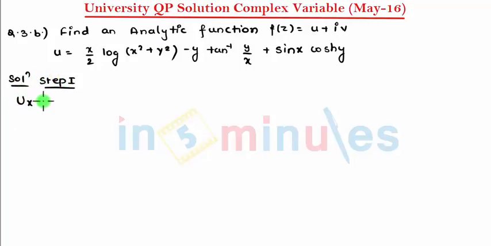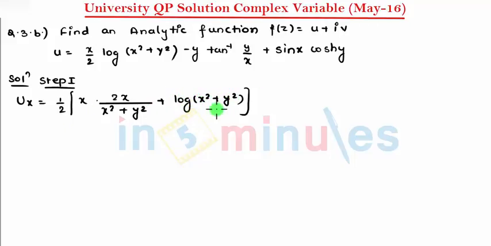We'll be finding ux. With respect to x, if we find this, we need to apply the u into v rule here. So 1 by 2 acting as a constant, x, differentiation of log will be 2x divided by x square plus y square, that is with respect to x I am doing, plus log x square plus y square, and differentiation of x is 1, so I have not written it here.